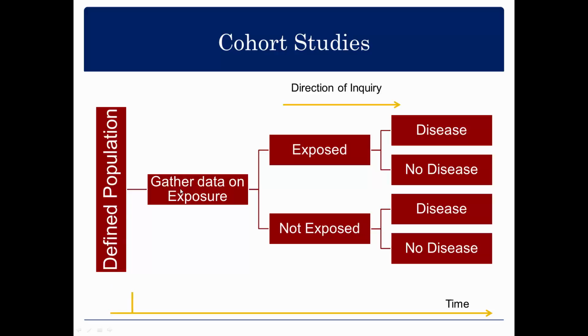We define our population. We gather information on their exposure status. Yes, they smoked. No, they didn't. And then we follow them in time to see whether or not they eventually develop the disease or whatever their outcome ends up being. If we get outside of this sort of epi framework of study design, this could also be the type of treatment that they were actually given. Let's think about this in terms of cancer.